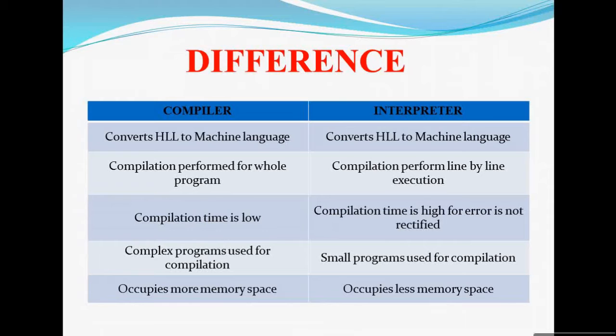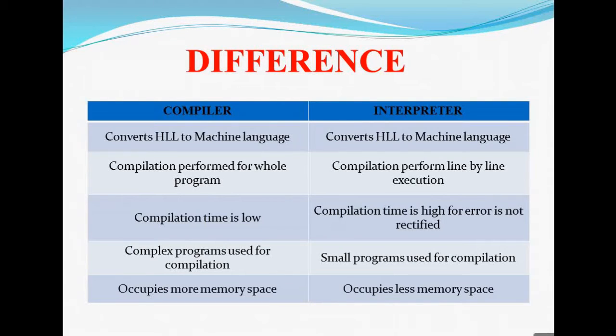So next, the difference between compiler and interpreter is that, so first it converts the high level language to machine language for compiler as well as the interpreter, and the second thing is that in the compiler the compilation process is performed for the whole program, whereas the interpreter takes line by line execution for the process.